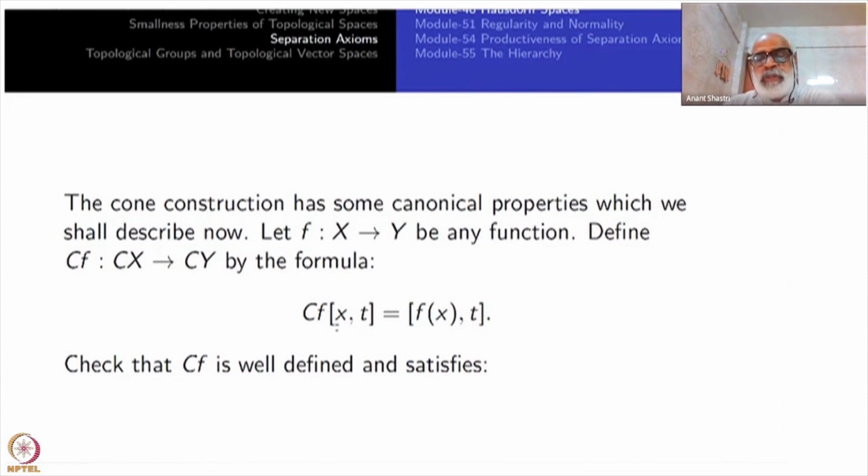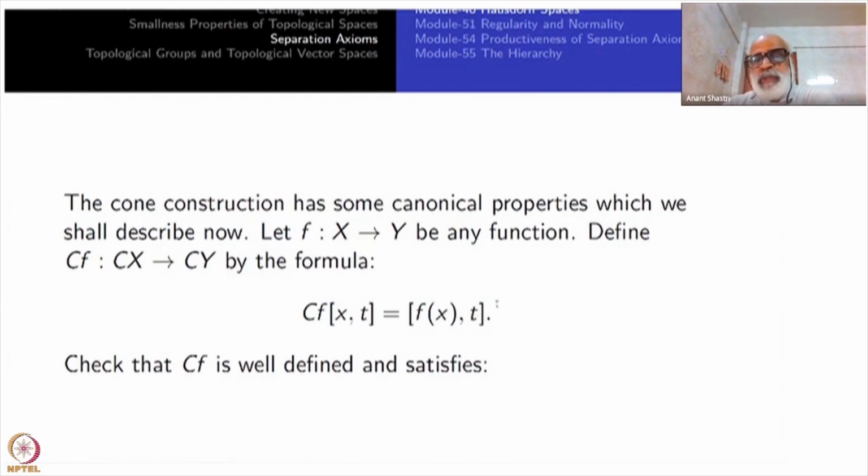Okay, here also you take the class [xt] going to [f(x,t)]. Remember, this class is the same point [xt] unless t is the first point a, and when it is the first point a, all these [xt] represent the same point. But here also they will represent the same point.